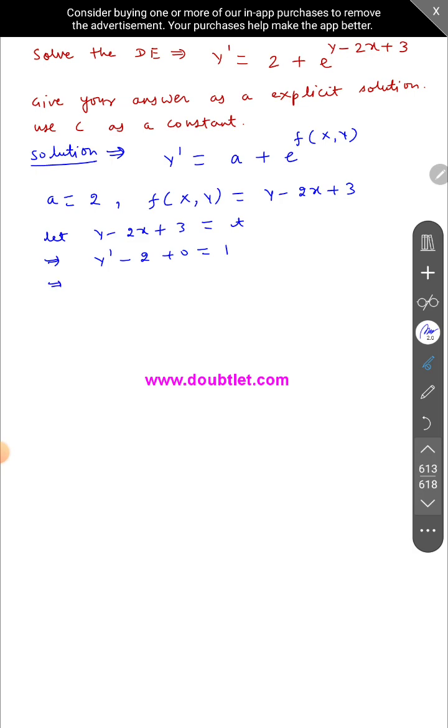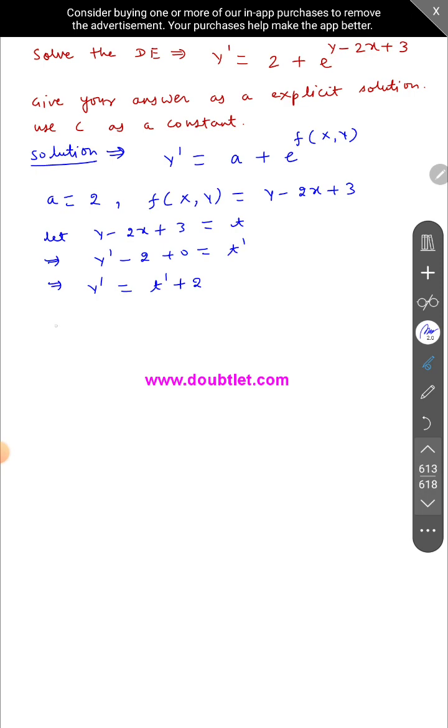So from here we can write y dash is equal to, this we can write as t dash.